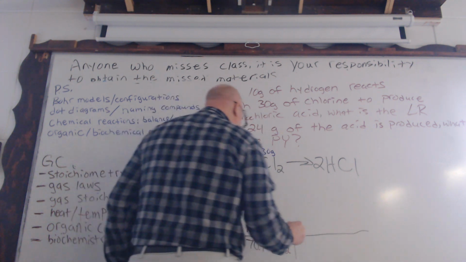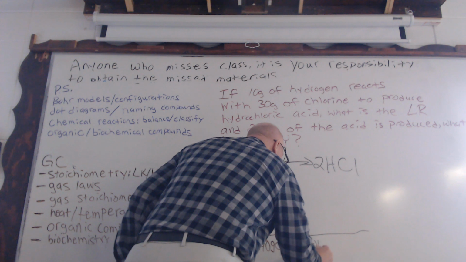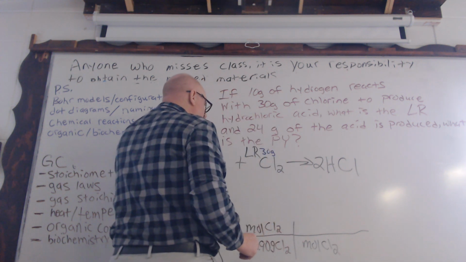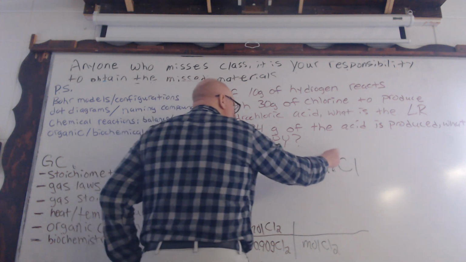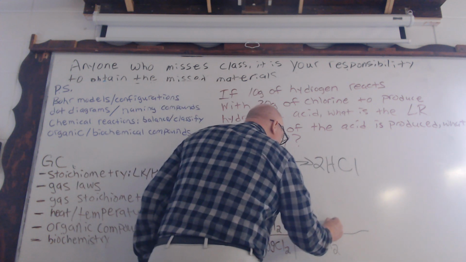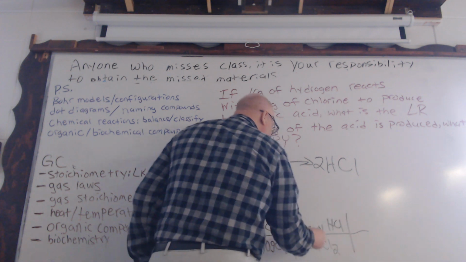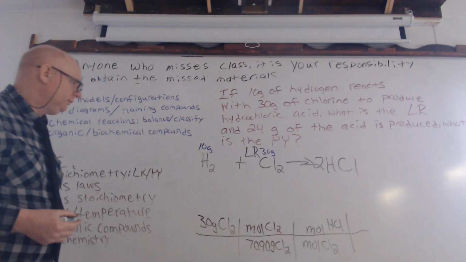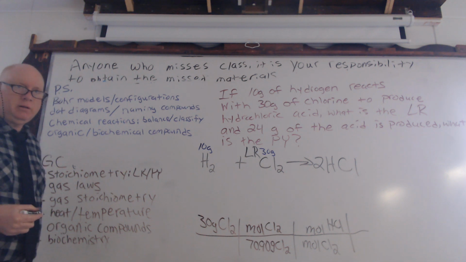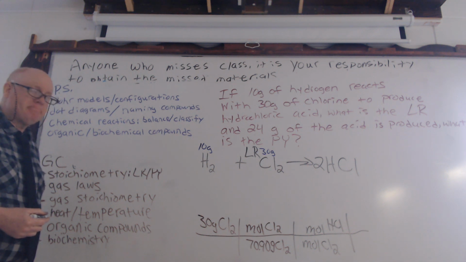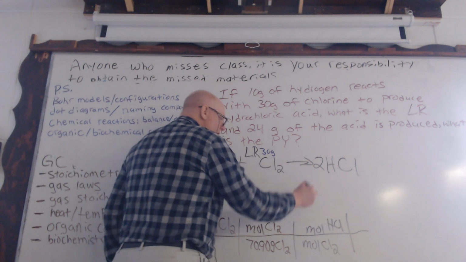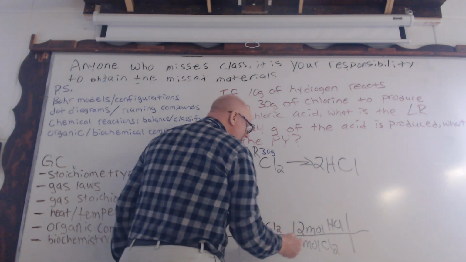Now, for every mole of Cl2, we can jump to this side of the equation because of this mole ratio. But we're not quite done in that step. Because of this coefficient of 2, we need to have a 2 there.